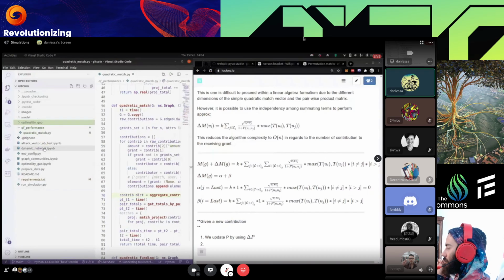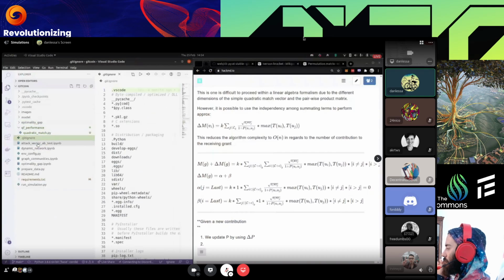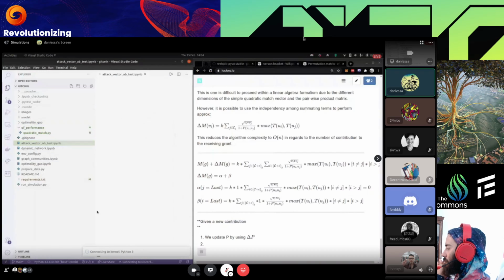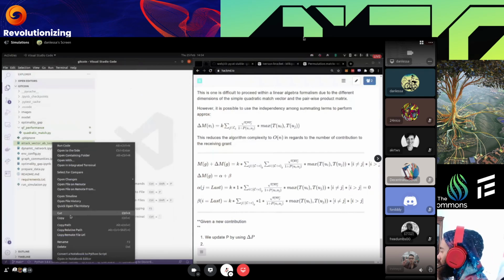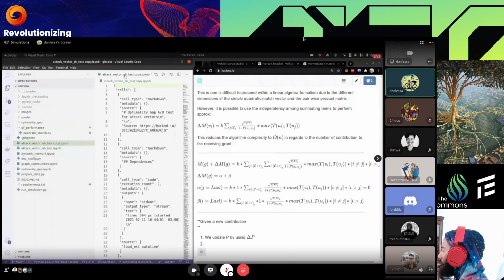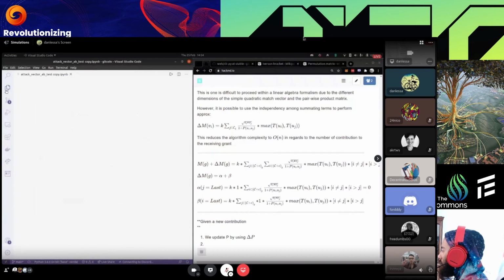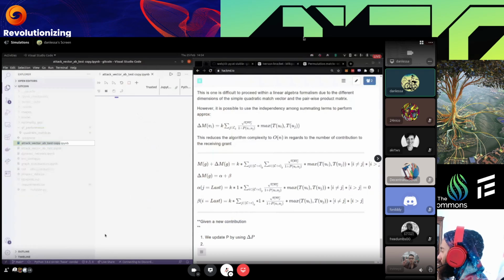And what I'm going to do is create a new notebook here. I'm just going to copy the attack vector bit test, because it's the one that we worked on last and probably the memory is fresher there. This notebook is going to be the CAF performance diagnosis.